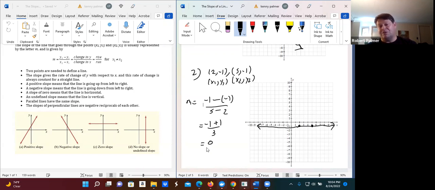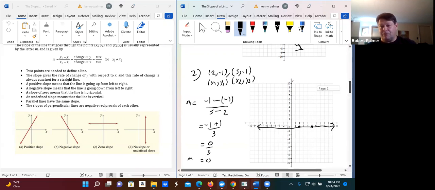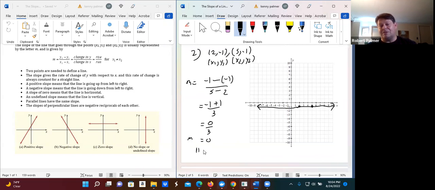And of course, now I have 0 over 3, which is 0. So the slope is 0. So once again, that implies this is a horizontal line. A horizontal line has a 0 slope. So in terms of rise over run, there's run, there's no rise. It's flat.